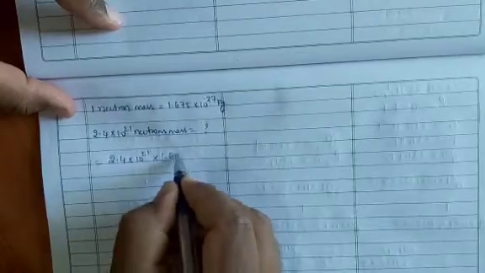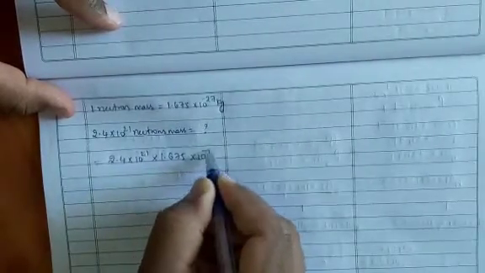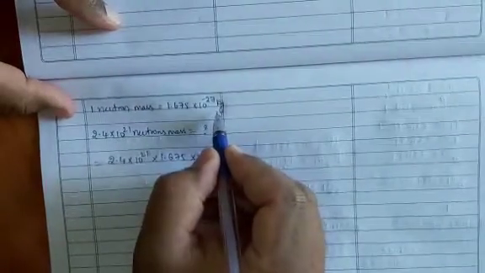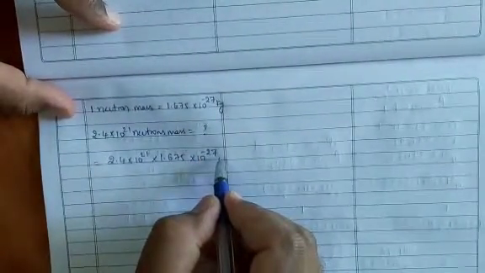Question mark is here. These two must be cross multiplied, divided by 1. Then it will be 2.4 into 10 power 21 into 1.675 into 10 power minus 27 kilograms. Because here we wrote in kilograms, the answer also will be in kilograms only.